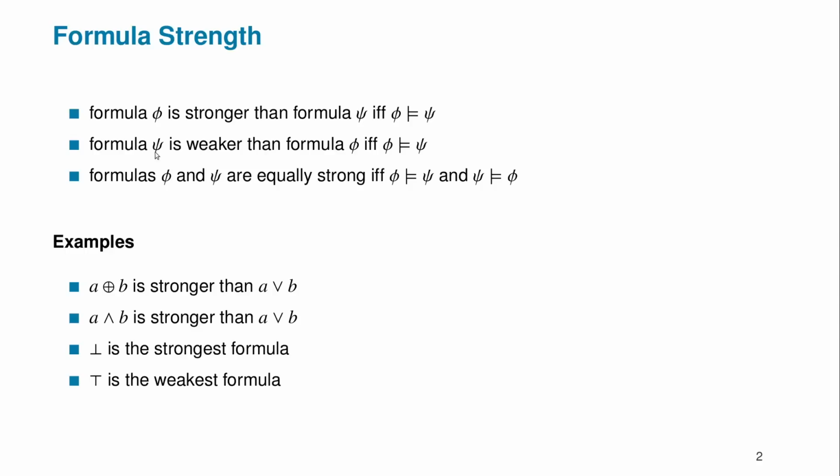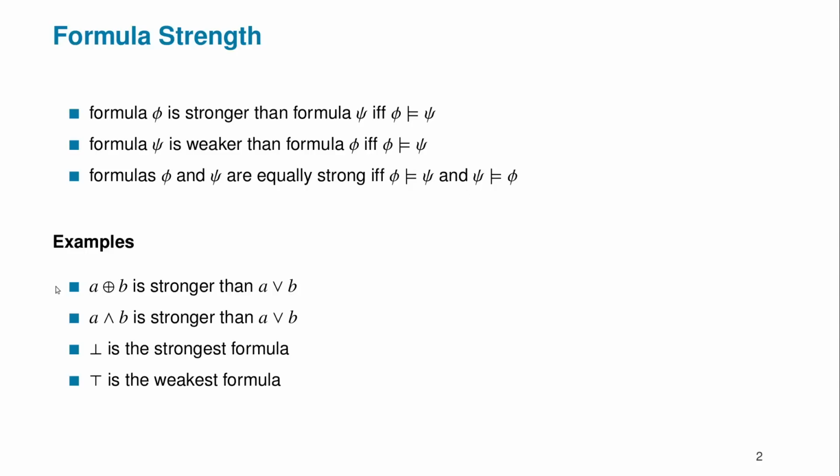A formula psi, on the other hand, is weaker than a formula phi if and only if phi entails psi. And they are equally strong if and only if phi entails psi and psi entails phi.